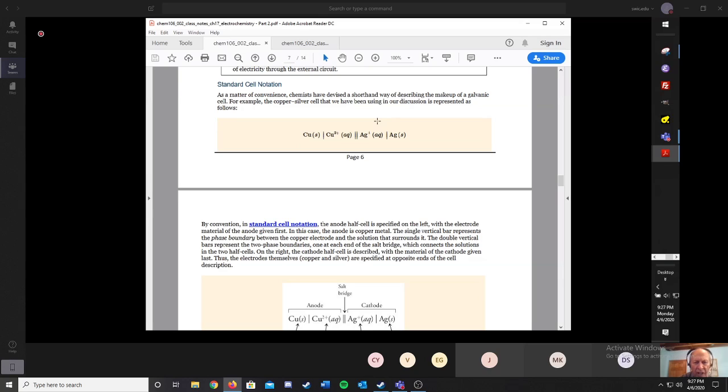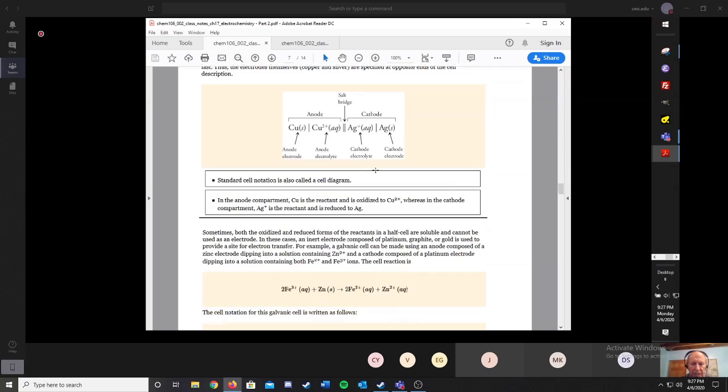So anode on the left, cathode on the right. The copper electrode, solid, is the actual anode, and it's immersed in copper 2+ solution. So in other words, copper solid in contact with copper 2+ solution, separator. Then on the other side, the cathode side, we have silver solution in contact with a silver electrode. So that's the standard notation used to describe cells.